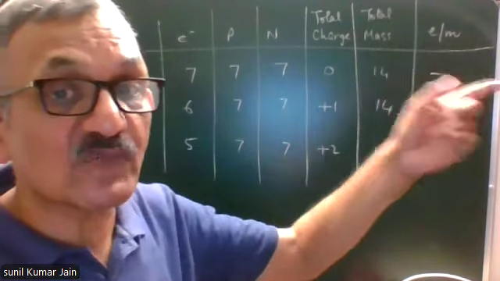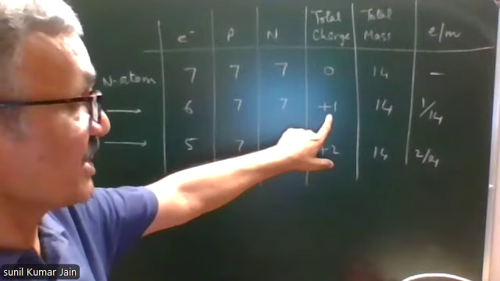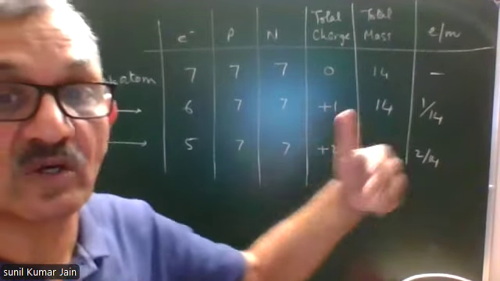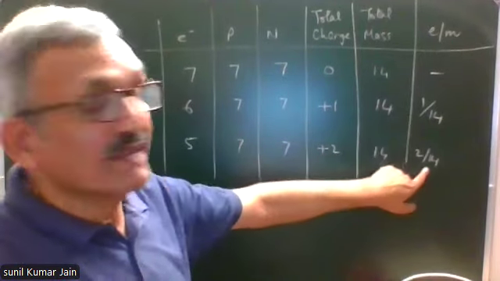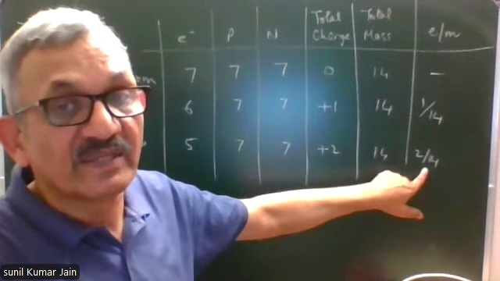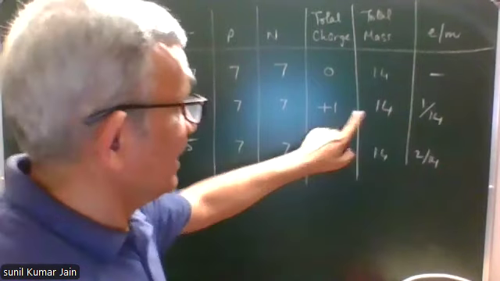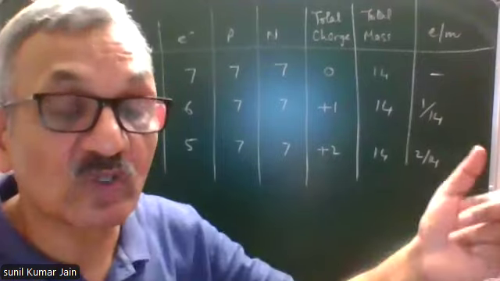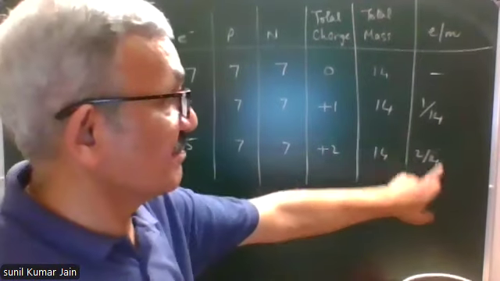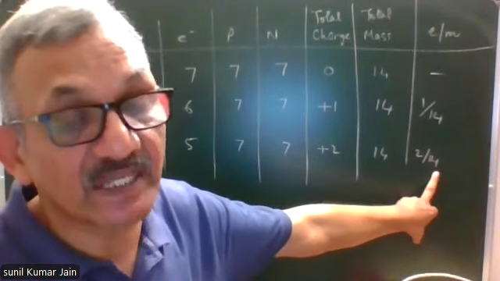Electron has -1 charge. This has +1 or +2 charge depending on how many electrons have been removed. Similarly, E by M ratio will be different, which will depend on how many electrons have been removed. You can see the numerator, and it will also depend on what is the mass of the particle.